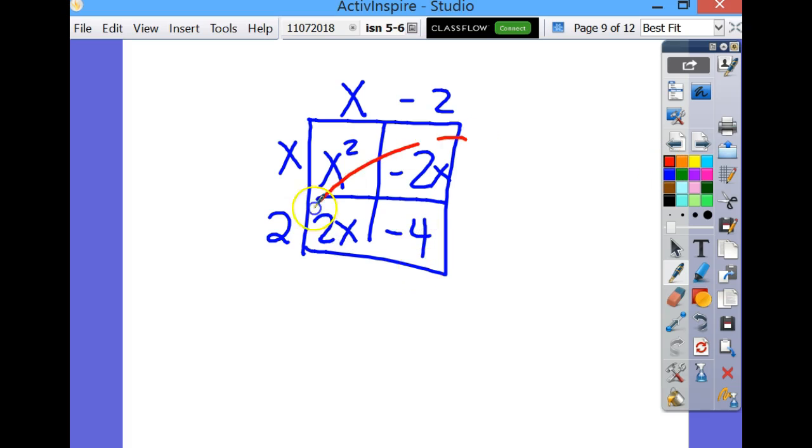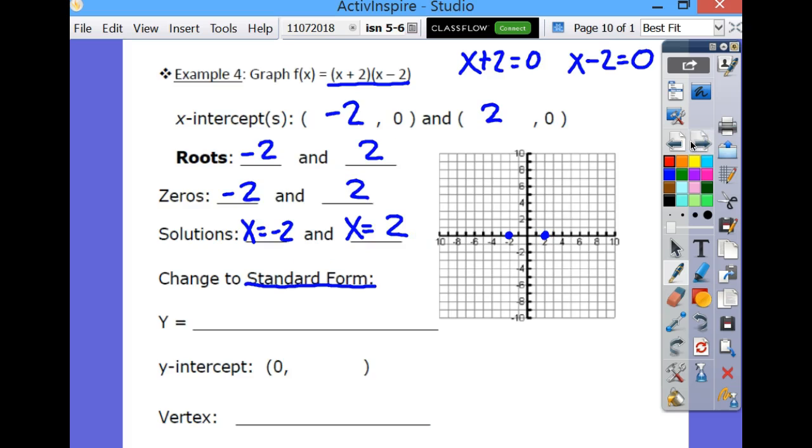What's going to happen to those terms? They're going to cancel out, and so this is going to be x squared minus 4. So what's the y-intercept going to be?